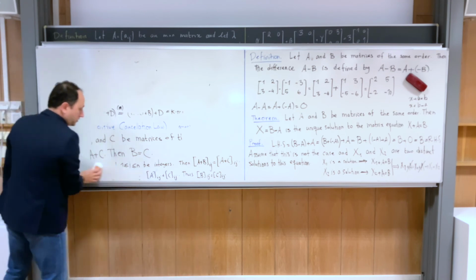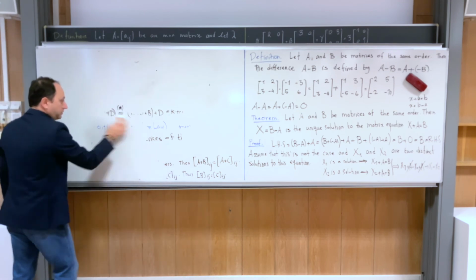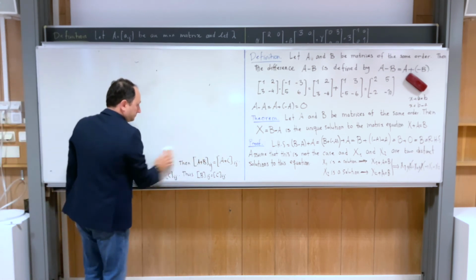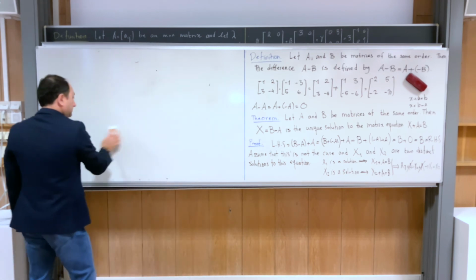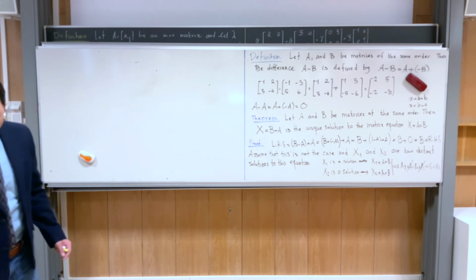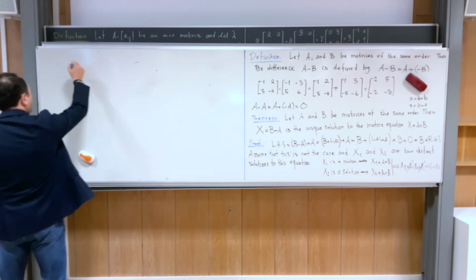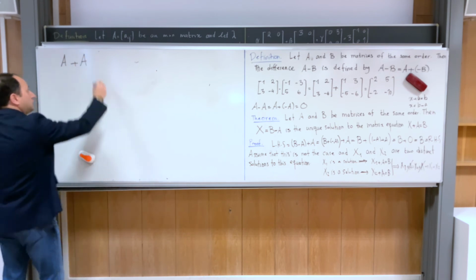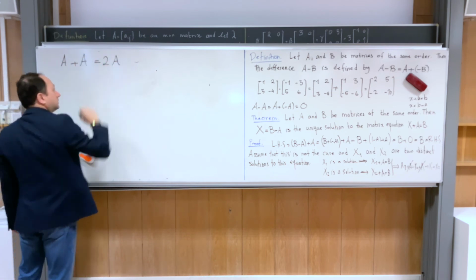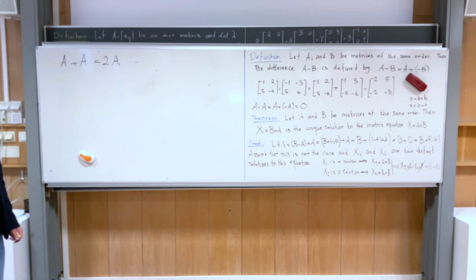So let me just open some space to be able to talk about that. Okay, so what I'm asking is that if I have a matrix A and I add this matrix with itself, can I write 2A? Yes? Why is that the case? Of course I can, but why?